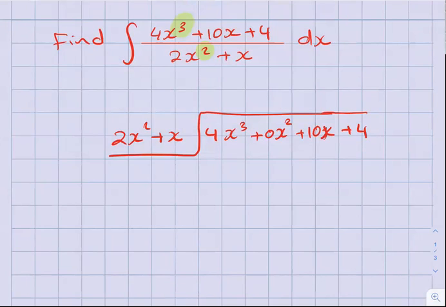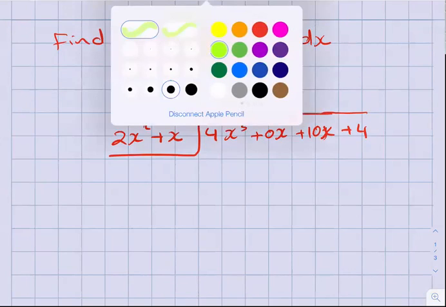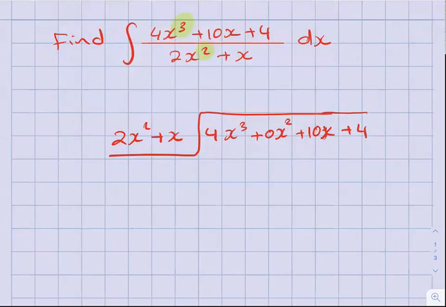So we'll start with the leading term, which is here, dividing by the leading term, which is here. These two are the leading terms. So 4x cubed divided by 2x squared is 2x.